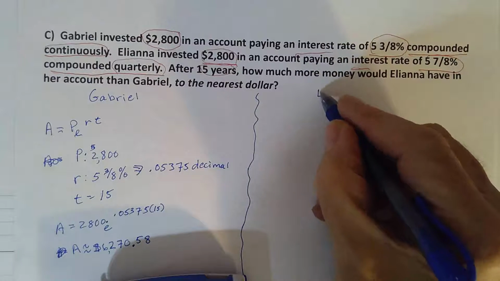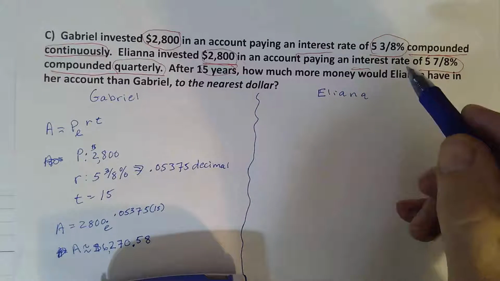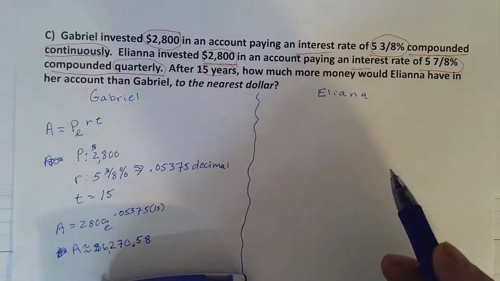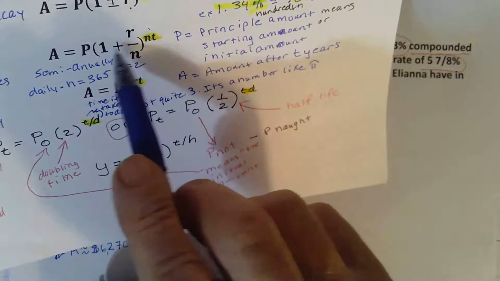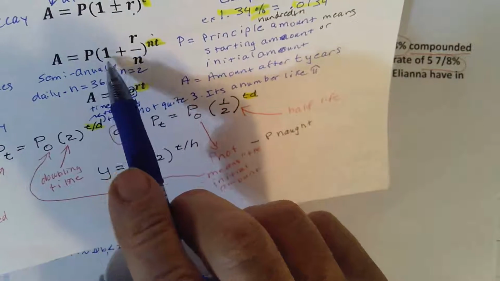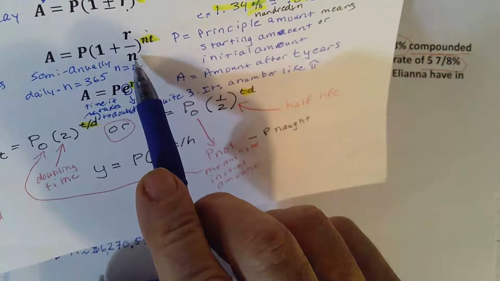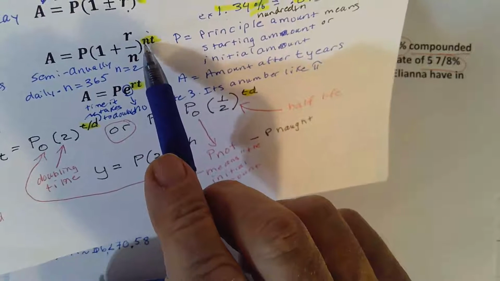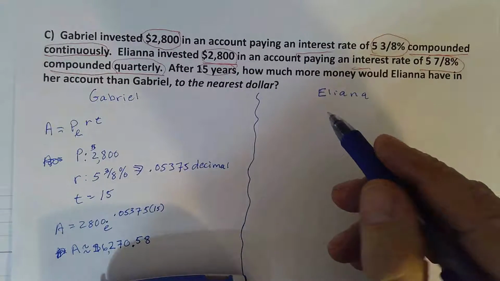So Eliana, now in her case, she's doing a quarterly, right? So quarterly, that would be compounding interest. We'd be using this formula here, where I have P and then parentheses 1 plus the rate over N. N would be 4 in this case, because that's quarterly. That's the number of times it compounds. And then that's to the 4 times 15 years. So let's write that out.